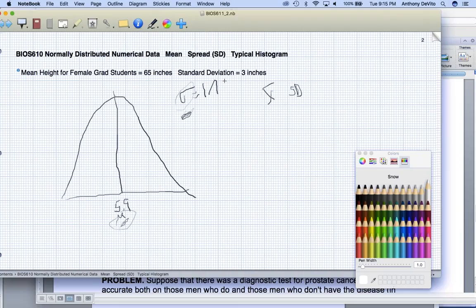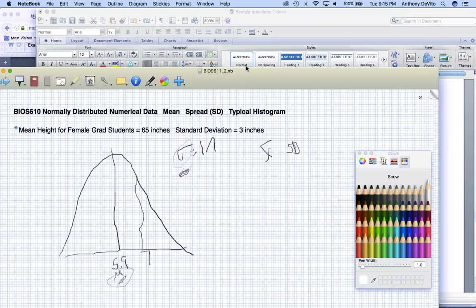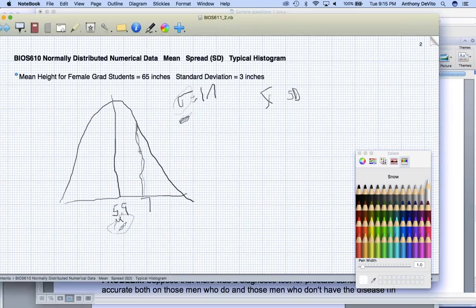So let's see what we have here. The standard deviation was 1.1, and the mean is 5.9. We want to know what percentage was less than 7, at most 7 minutes. So we're interested in what proportion of this population of responses is going to be less than 7 minutes. So we're interested in this area from 7 minutes down.